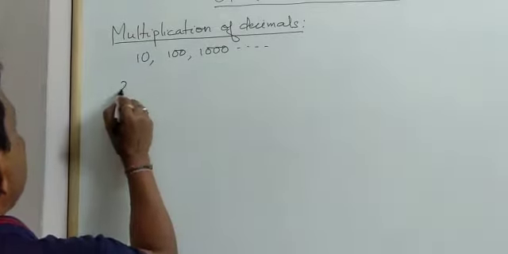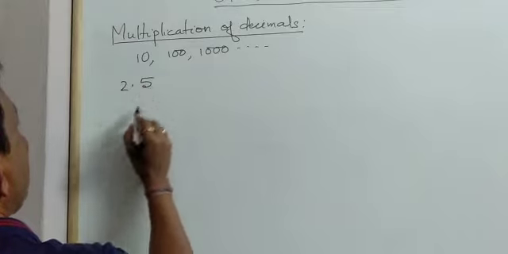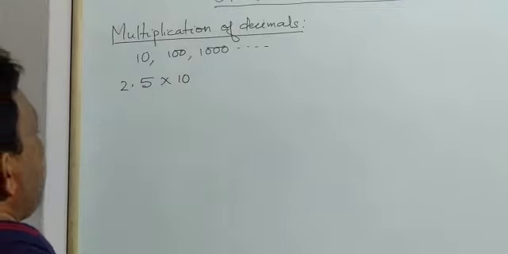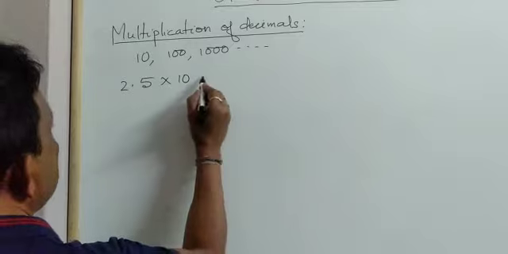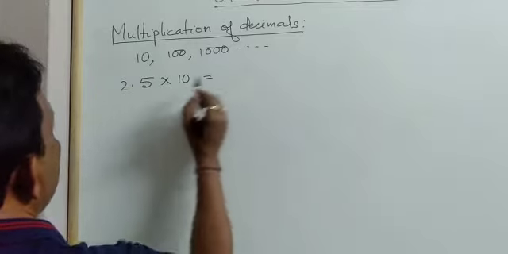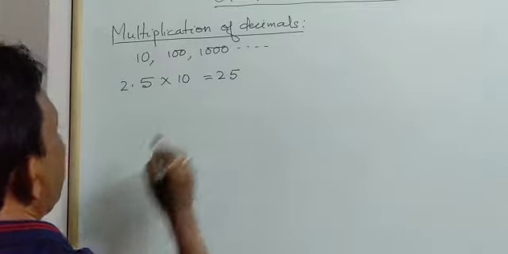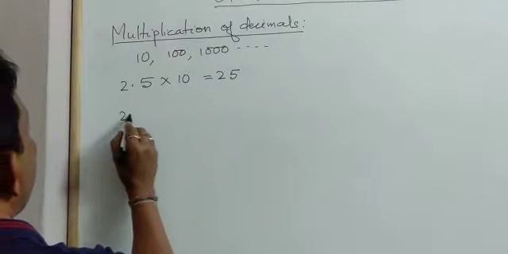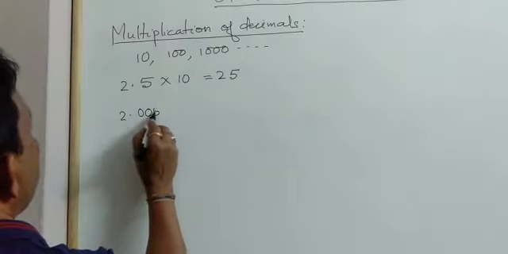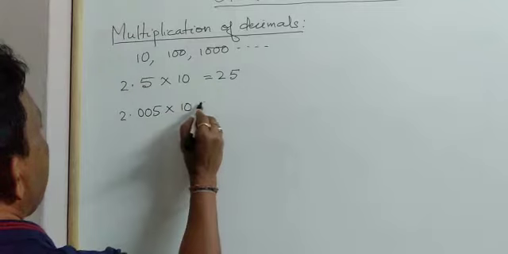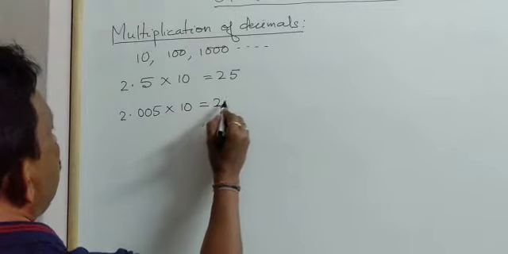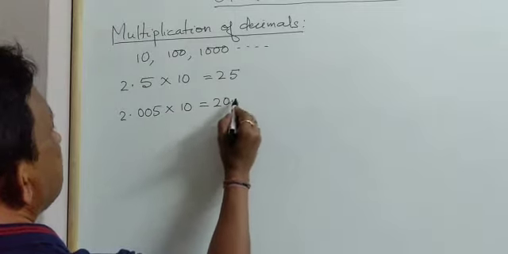Suppose, say, 2.5 multiplied by 10. Here you can directly write the answer as 25. Now if it is 2.005 multiplied by 10, it will be 20.05.